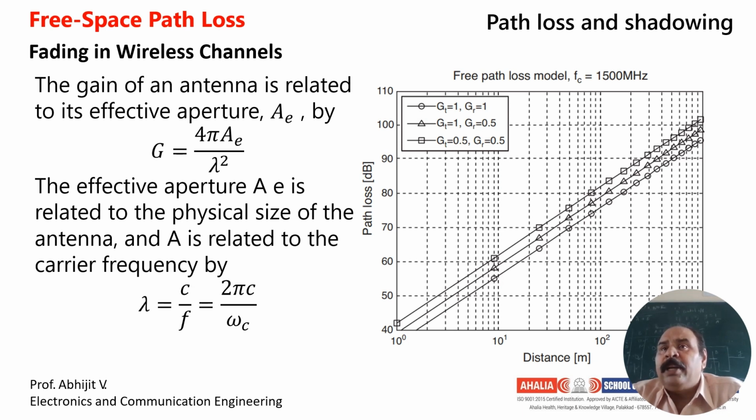So the gain of the transmitter antenna GT and the receiver antenna GR depends upon two factors. One is the effective aperture, which depends upon the area of the antenna.